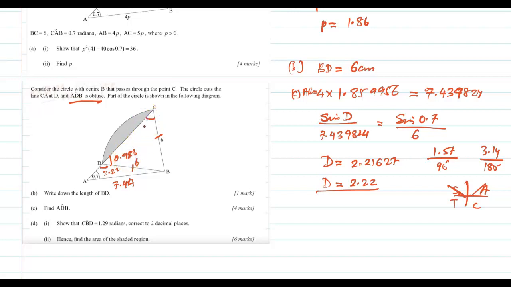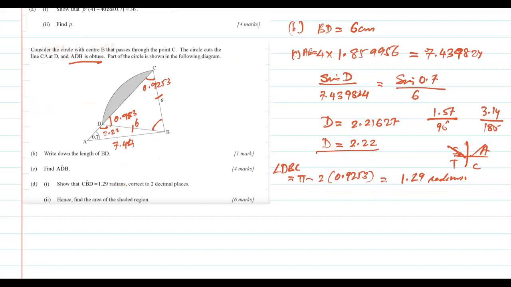Now base angles are equal, so this will also be 0.9253. Then you use the sum of angles of a triangle: pi minus 2 times 0.9253. You can take more significant figures on the calculator. I'll end up getting my angle DBC. Remember, 180 is pi radians, and this angle is 1.29 radians to 2 decimal places. That's it.